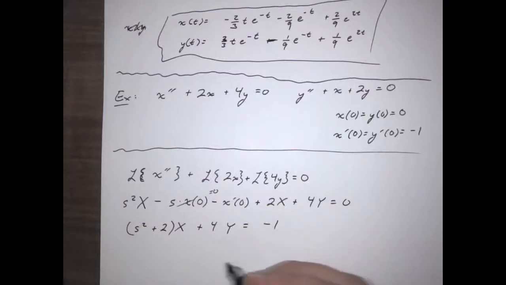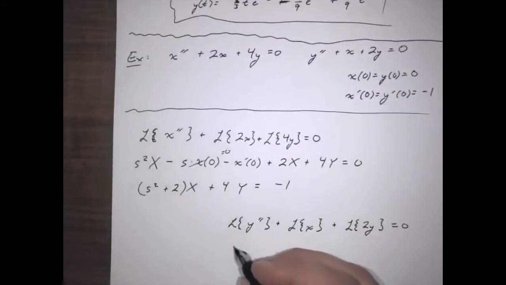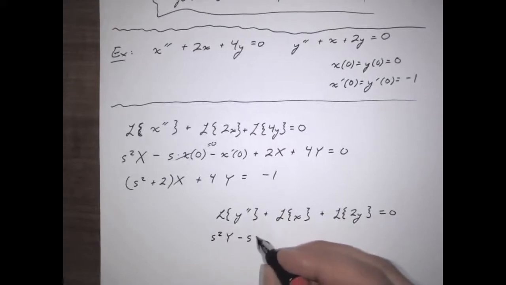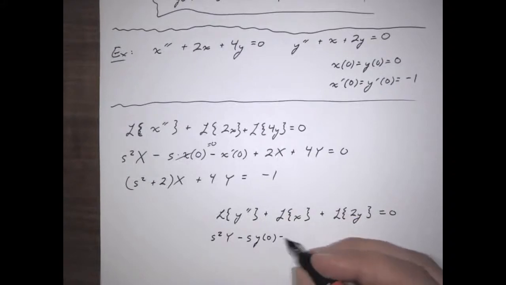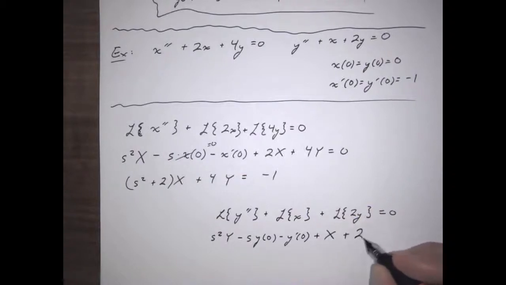Okay. Also, the Laplace transform of y double prime plus the Laplace transform of x plus the Laplace transform of 2y equals 0 will lead us to s squared capital Y minus s y of 0 minus y prime of 0 plus capital X plus 2 times capital Y equals 0.